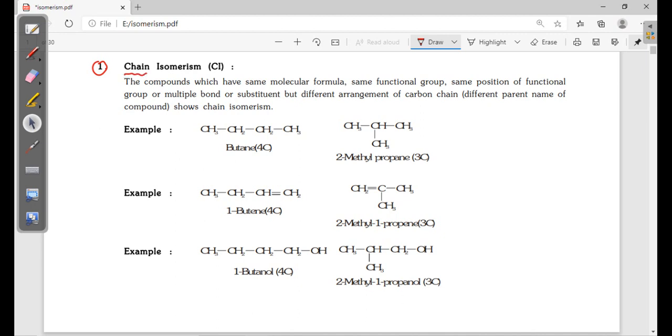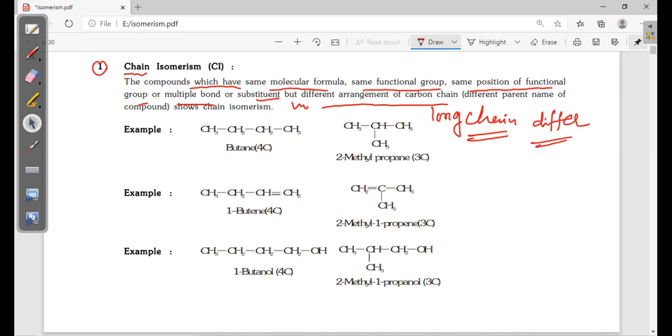See the definition: the compounds which have the same molecular formula, same functional group, same position of functional group or multiple bonds or substituent, but a different arrangement of the carbon chain, meaning the long chain is different. Everything else remains the same. See here, it is butane, and this is 2-methylpropane. The long chain is different.